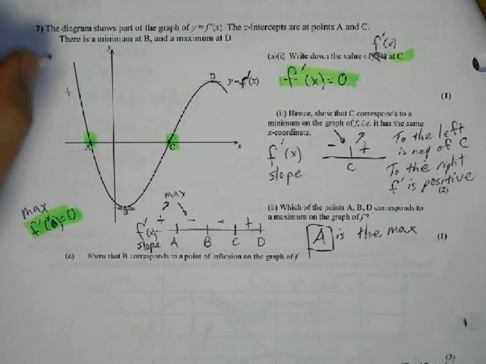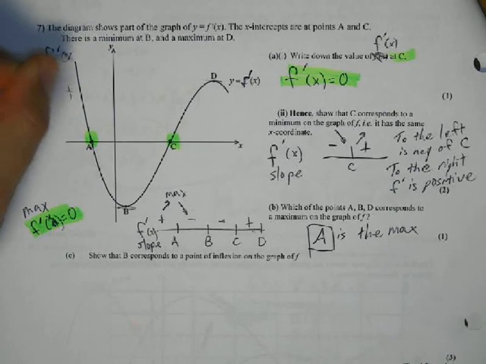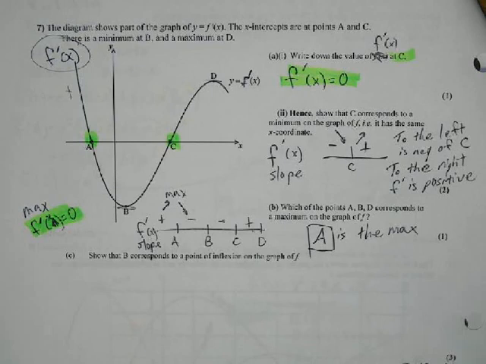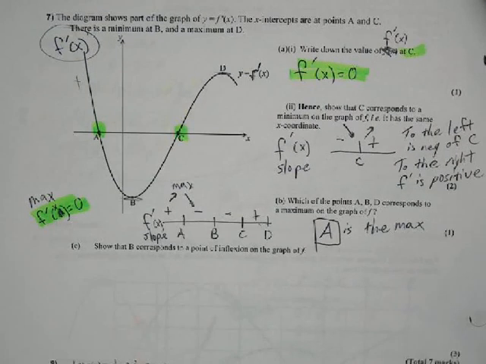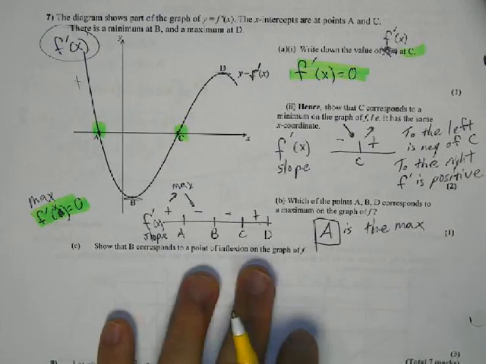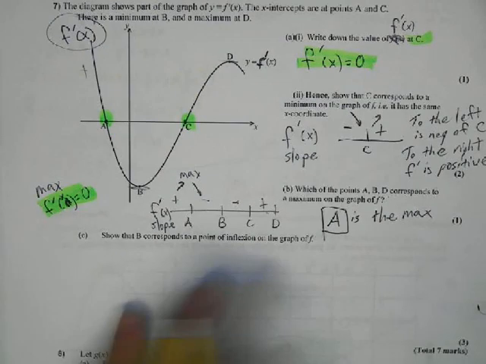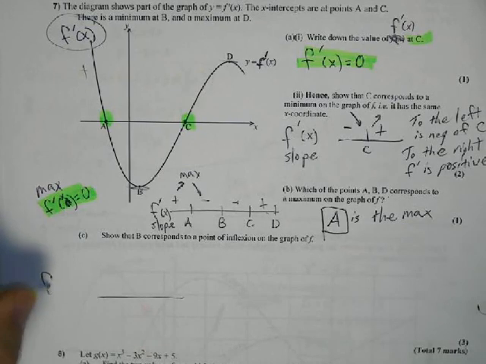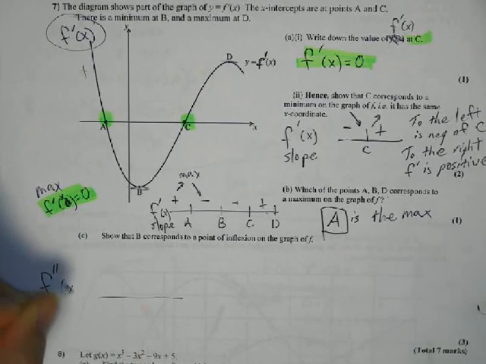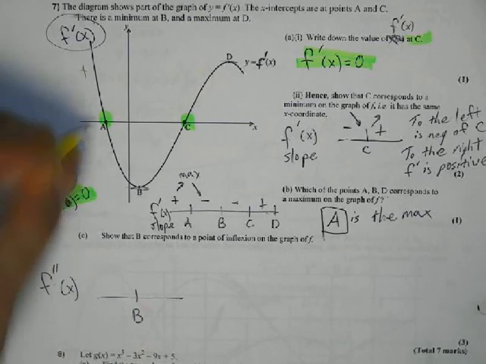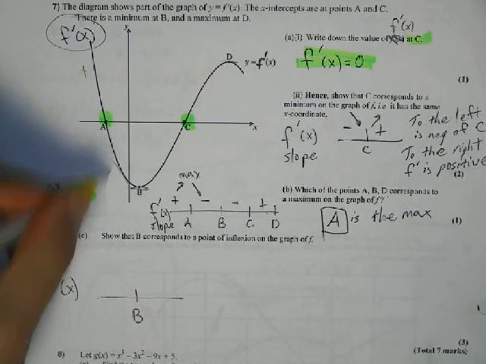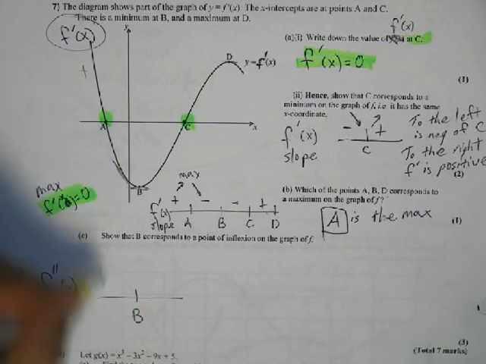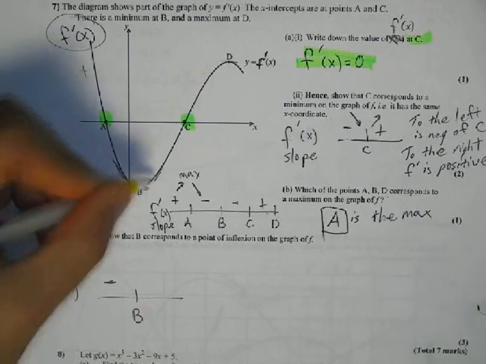It's tricky because this graph is the first derivative. We're so used to looking at the original function, not the graph of the derivative. Show that B corresponds with the inflection point. So if I do a sign diagram with the second derivative, we know at B we have this. The second derivative is the slope of the first derivative. So here we have a negative value, and here we have a positive value.